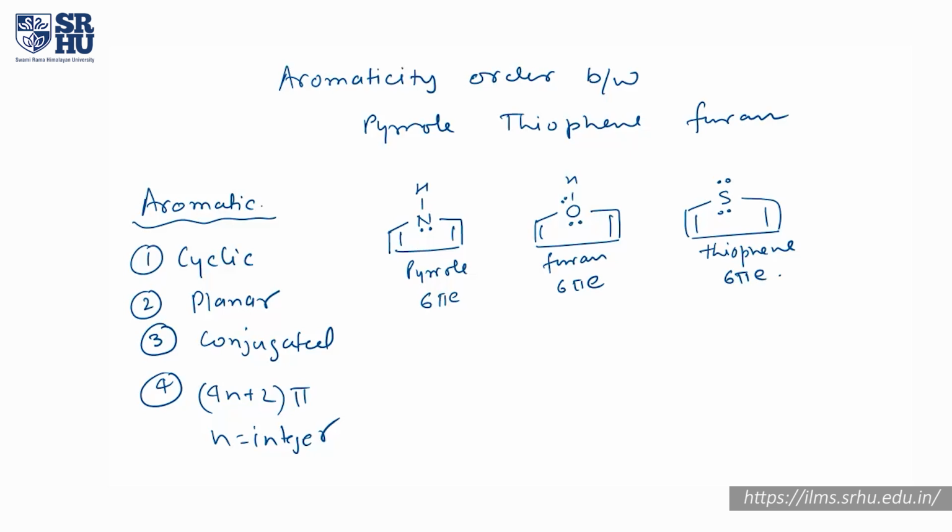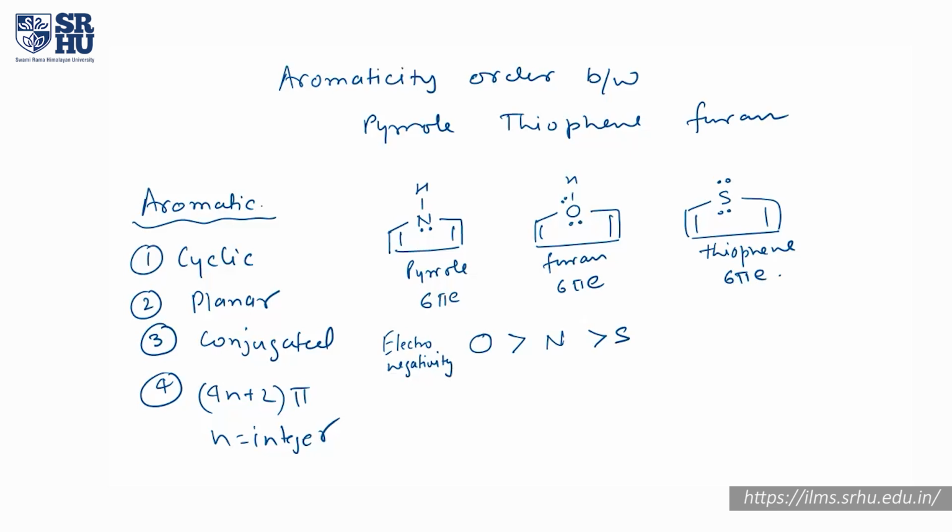Now, because all the 3 are aromatic, we just want to know which one is more aromatic and which one is less. This depends on the electronegativity of the heteroatom. If we see the order of electronegativity of the atoms, oxygen has the highest electronegativity, followed by nitrogen and then sulfur.